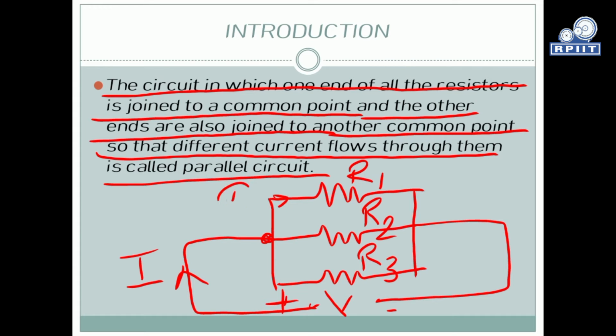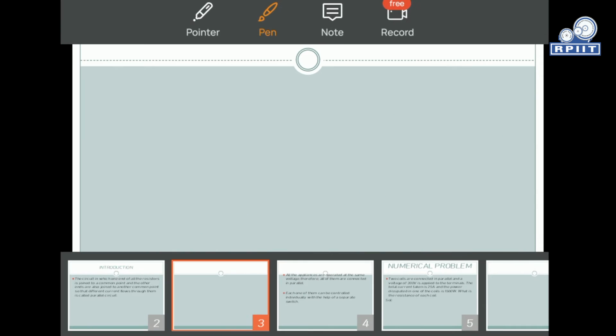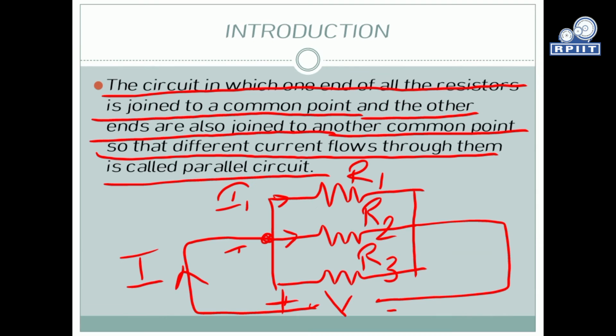I1 current is flowing at this branch, I2 current is flowing at this branch, and I3 current is flowing at this third branch across R3. Now this is the circuit diagram of a parallel circuit.